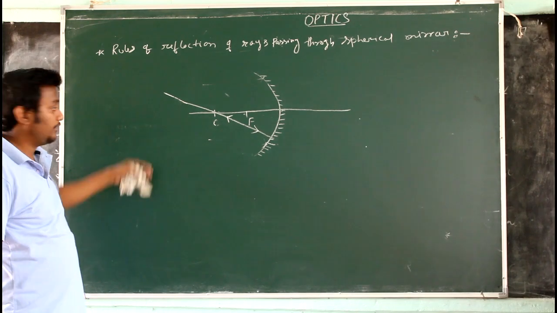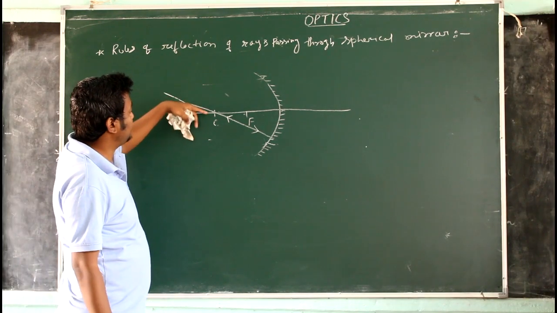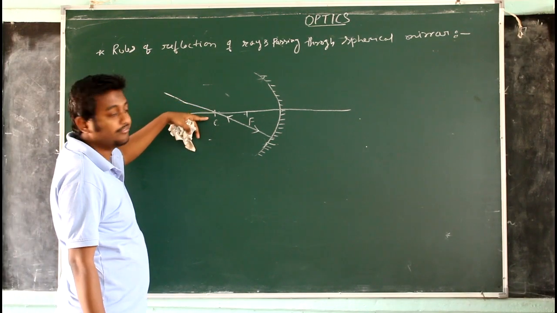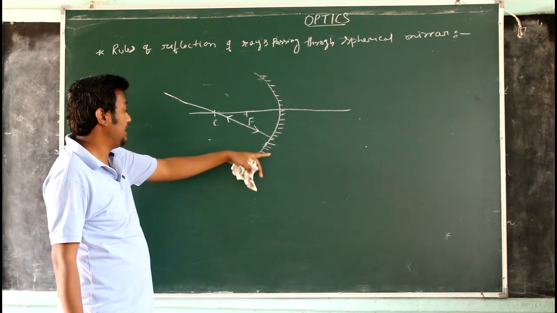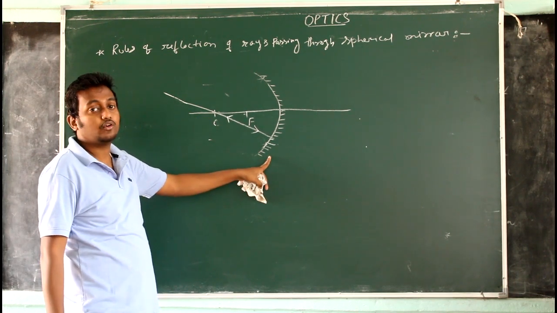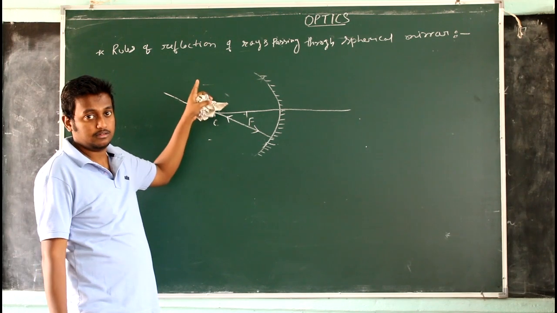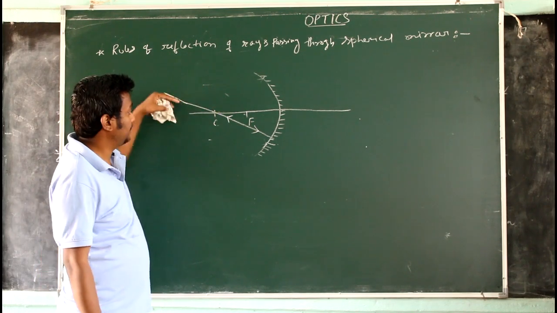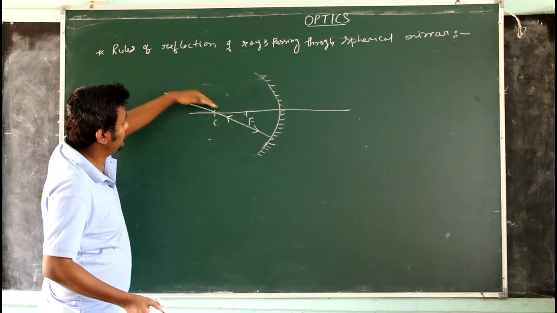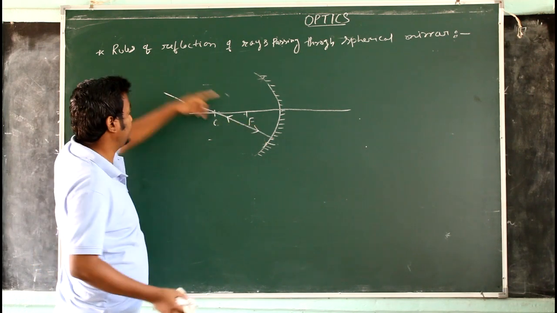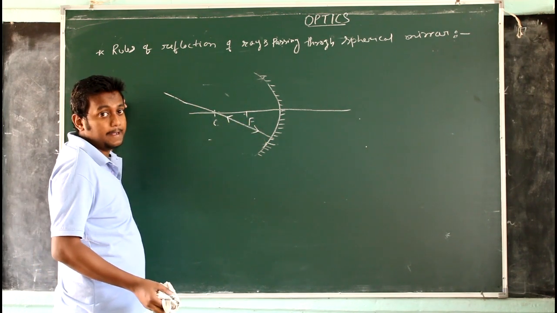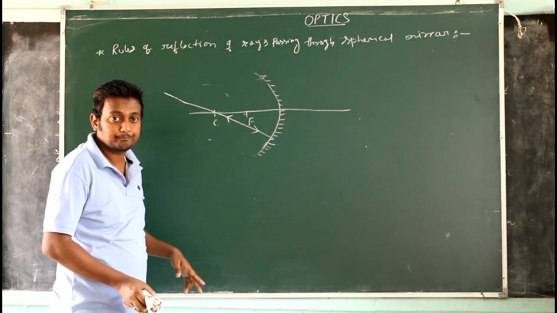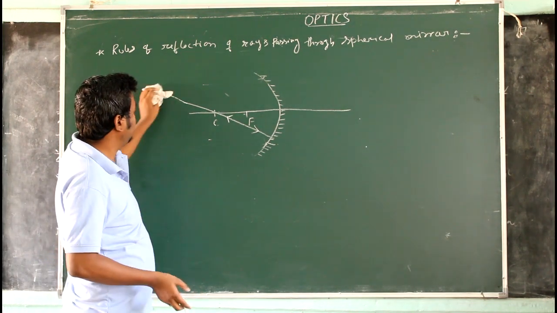Remember this: the ray which passes through the center of curvature and is incident on the concave mirror, after reflection, will follow the same path. You can see this ray is incident and again reflects back in the same path. This is rule number 2.